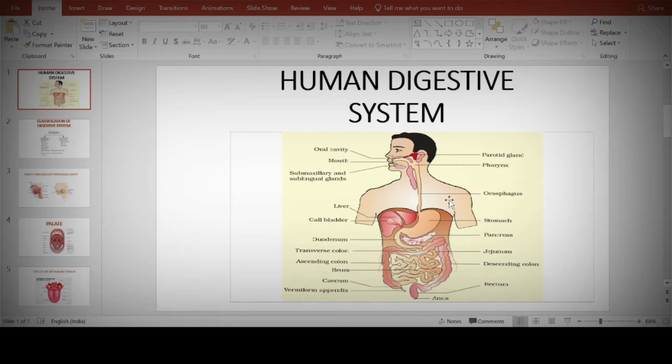So what is the main purpose of digestion? The main purpose of digestion is that all the complex substances that we take in as food are broken down into simple forms that can be absorbed by our body, so that our body can absorb the nutrients, the proteins, the vitamins, all that we take from the food.